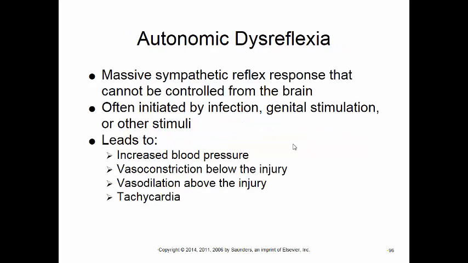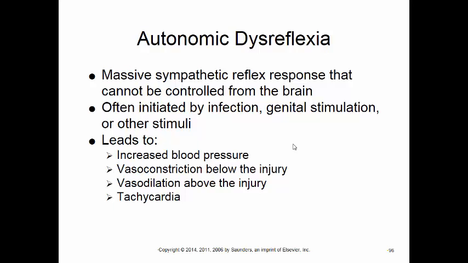With spinal cord injuries, you may have autonomic dysreflexia, and this is because the brain is no longer in control. So you may have what's a massive sympathetic reflex response, which is over and above normal sympathetic response.